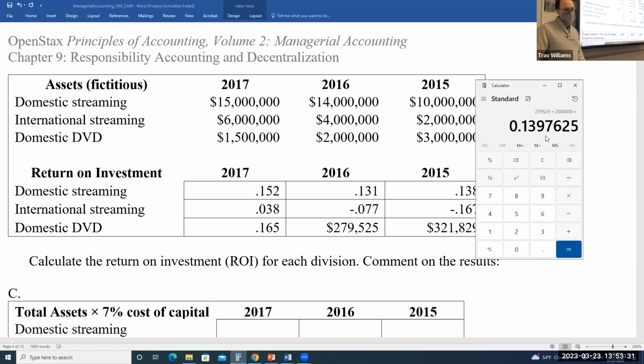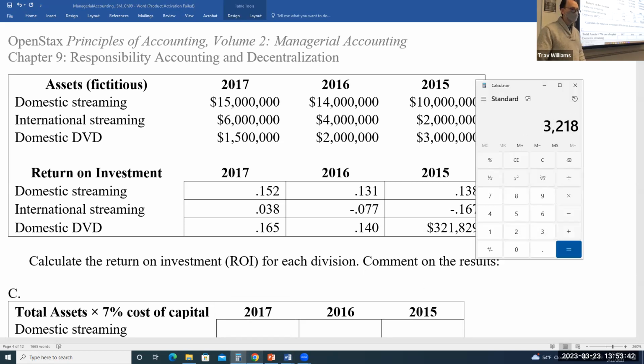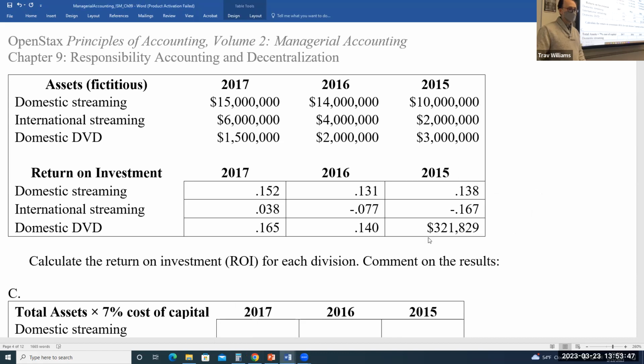What would that be? 14%? And the last one, 10.8.